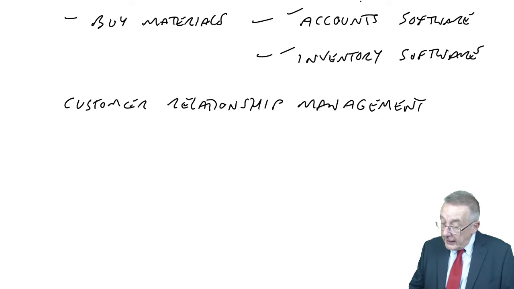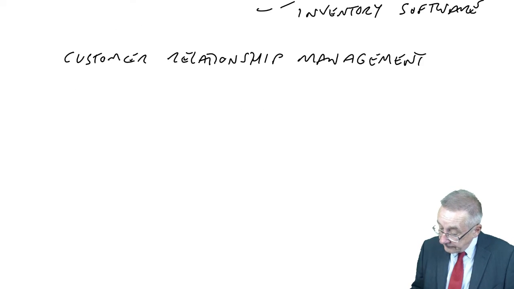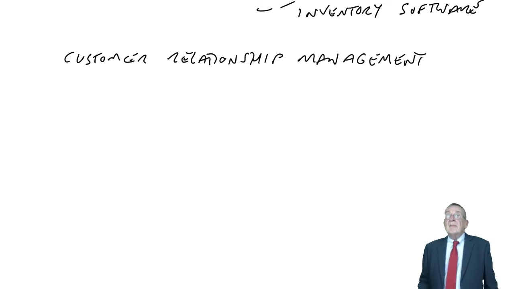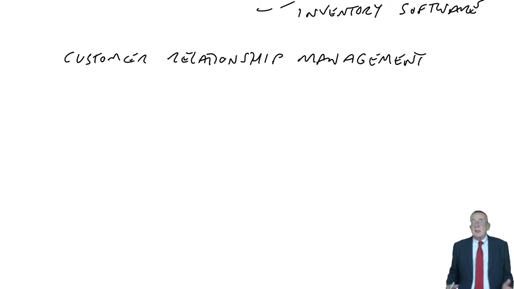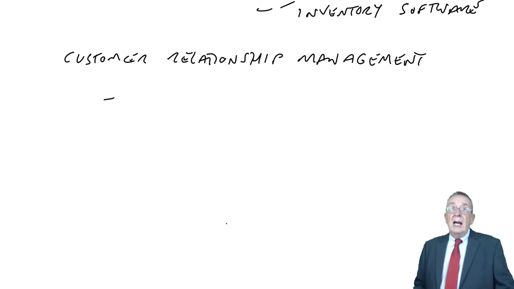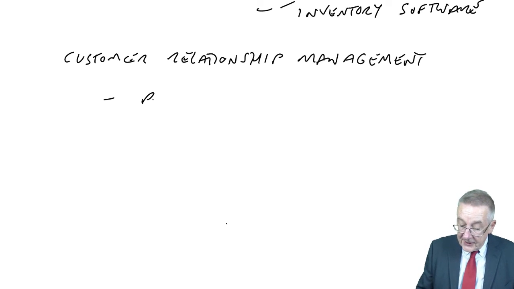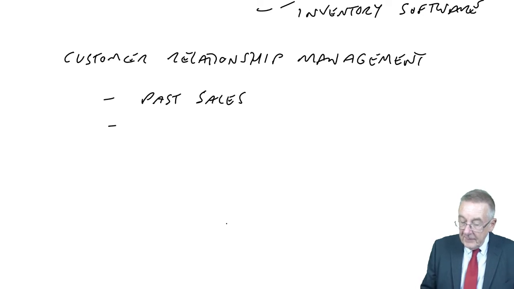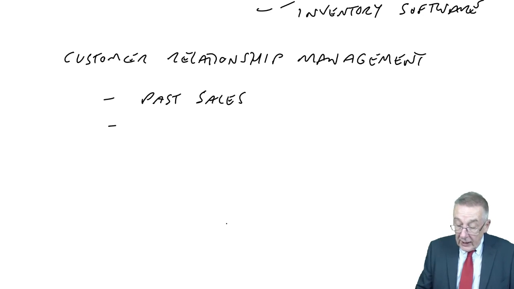And so customer relationship management software records all details relating to each customer. We have a screen for the customer, and on that screen there'll be details of all the past sales. There'll be details of things like all email contact.